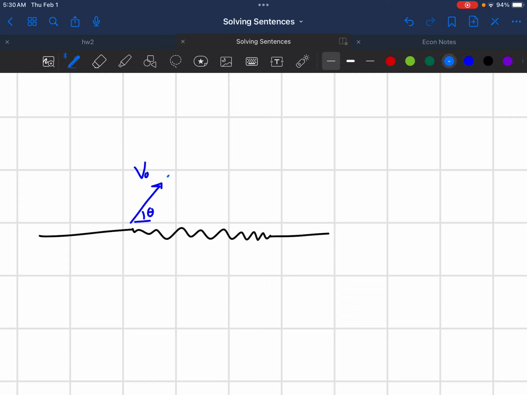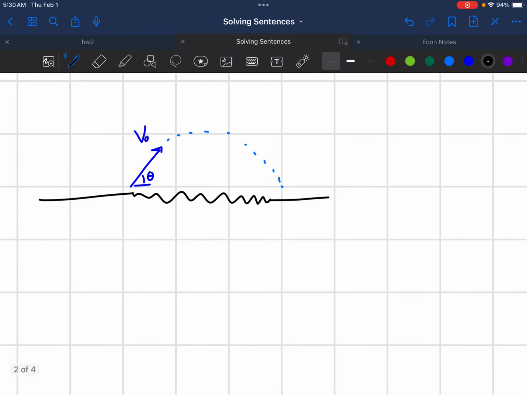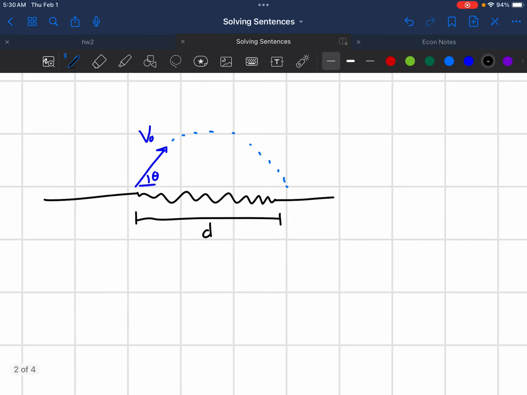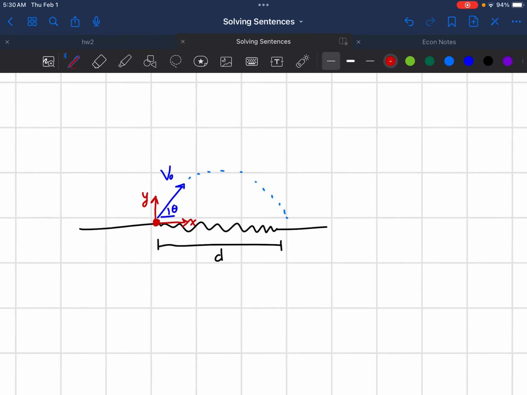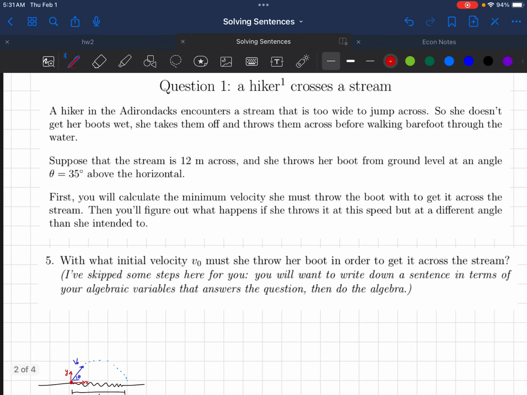I know the trajectory is going to look something like that, maybe. I know that there's a distance d that is being traveled, hopefully, and I'm going to set my origin right here. Again, my leftmost and lowest point in the problem. I'm going to say up and right are positive, x and y. And I think that's everything we were given.